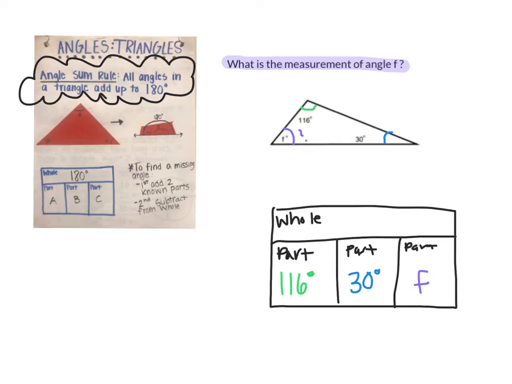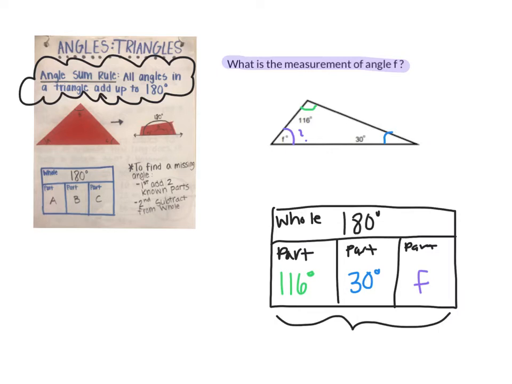This is something that we have to have memorized in our brains for when we're solving these problems. They're not going to tell us 180 degrees is our whole. We need to know that all three of these angles added up is equal to 180 degrees. So we've got all of our angles filled in. Now we're ready to solve.